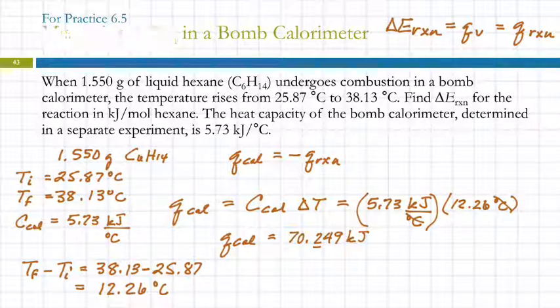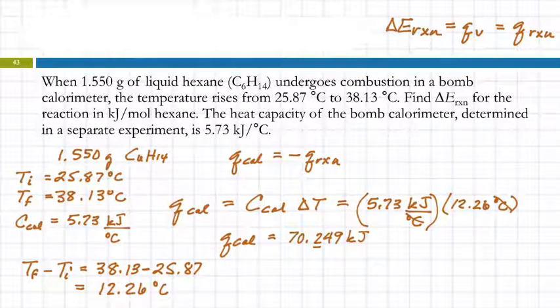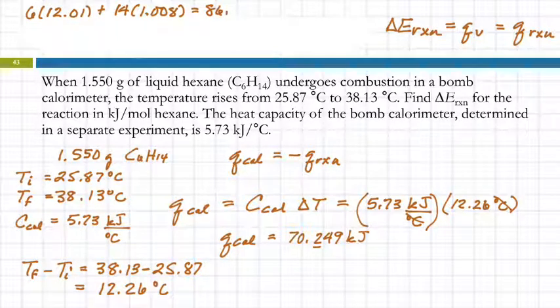Running out of space. Make a little space up here. We need the molar mass of that thing, right? 6 times 12.01 plus 14 times 1.008 is 86.172 grams per mole for hexane.